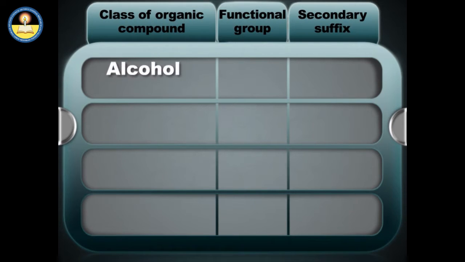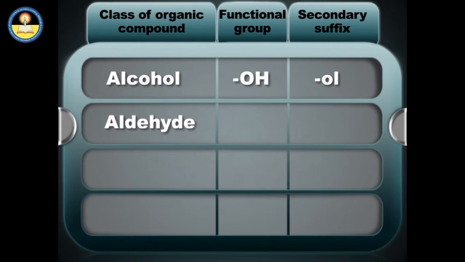For alcohol, the functional group is OH. Its secondary suffix is -ol. For aldehyde, its functional group is CHO. Its secondary suffix is -al.